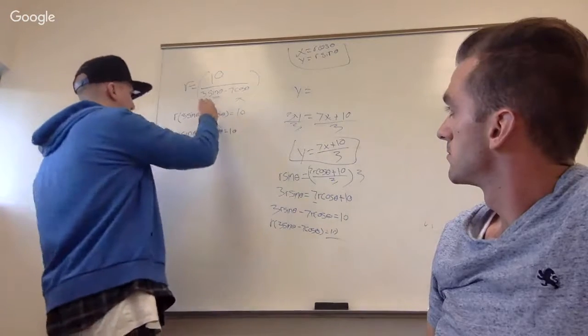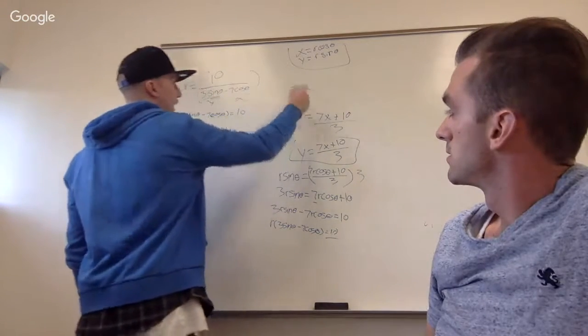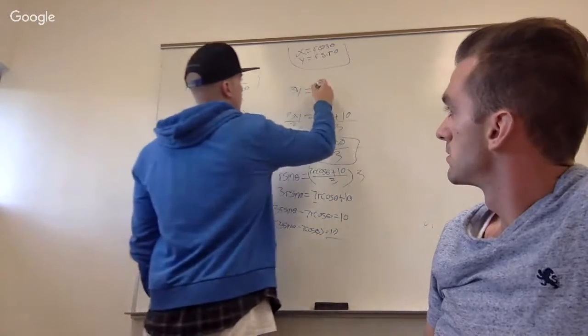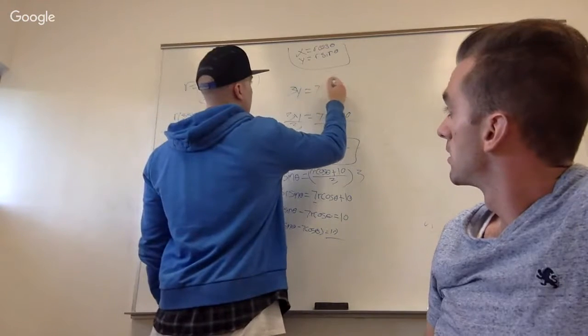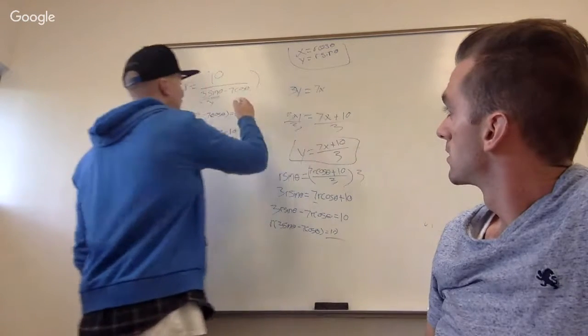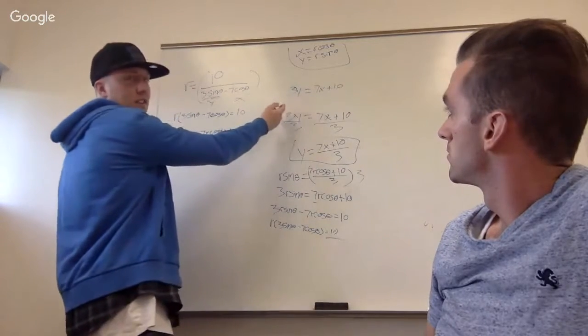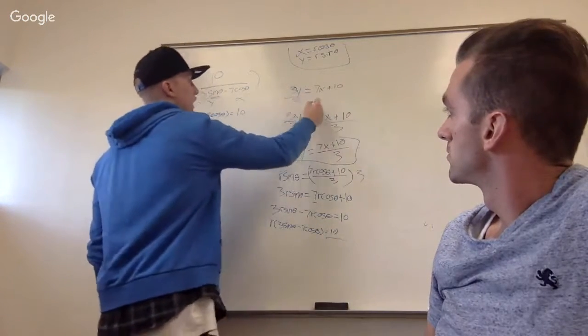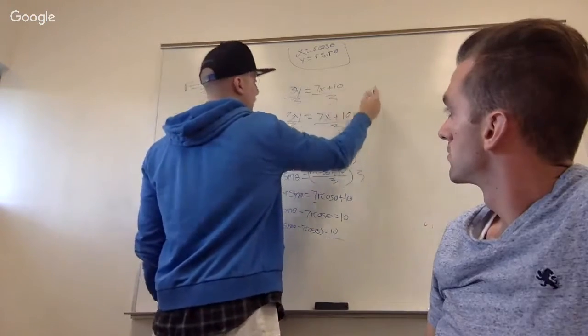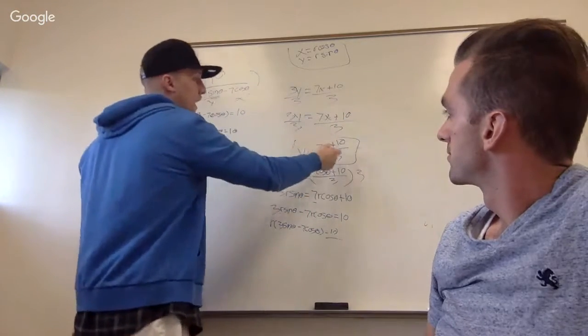this rectangular form, right? So we said, okay, we got 3y equals 7x, that's our x value, plus 10. But we can't have a 3y over here. Divide by 3, and it gives us y equals 7x plus 10 over 3.